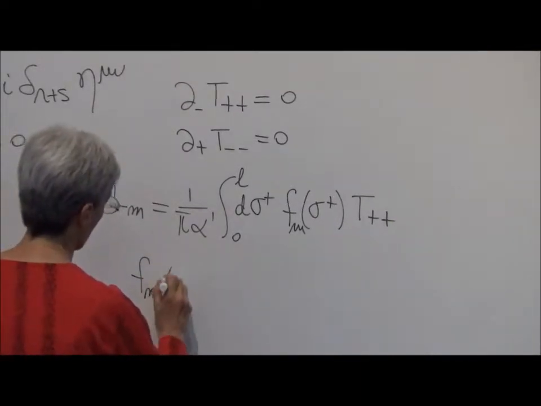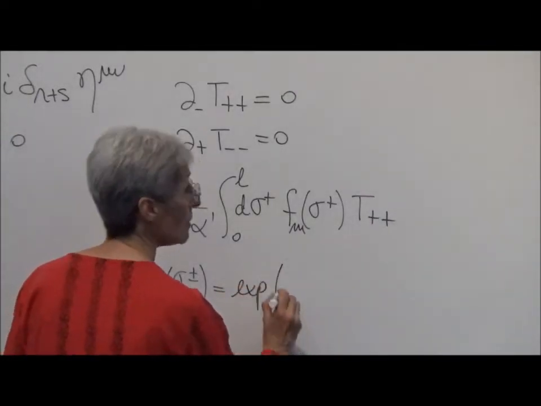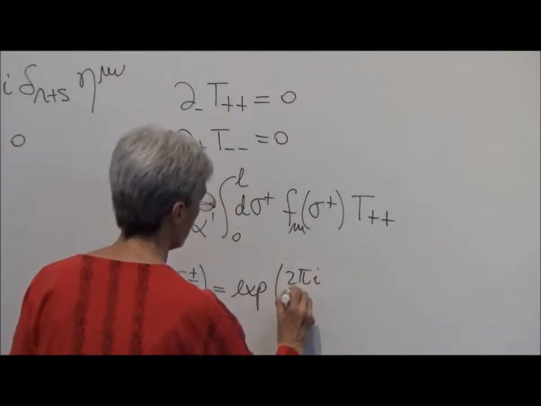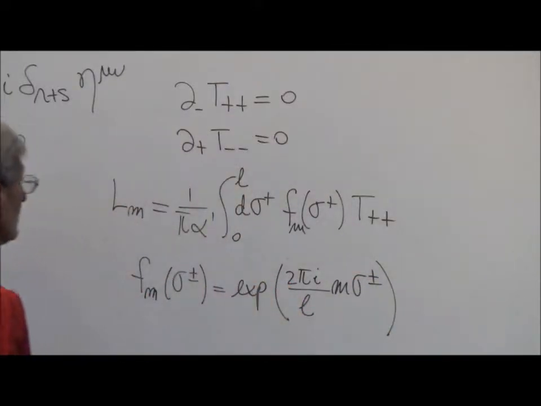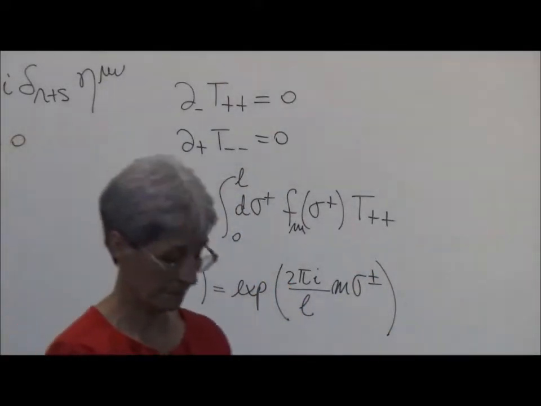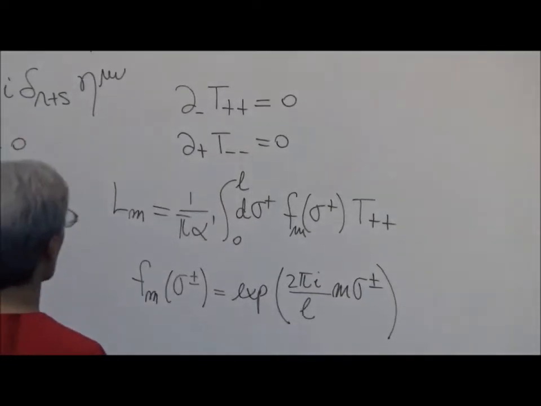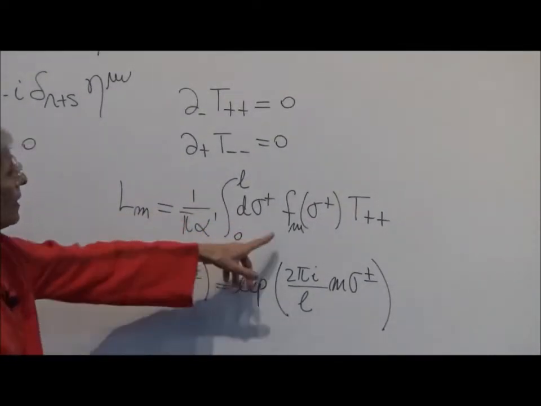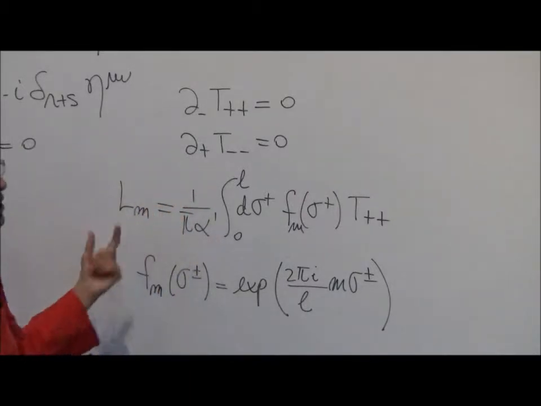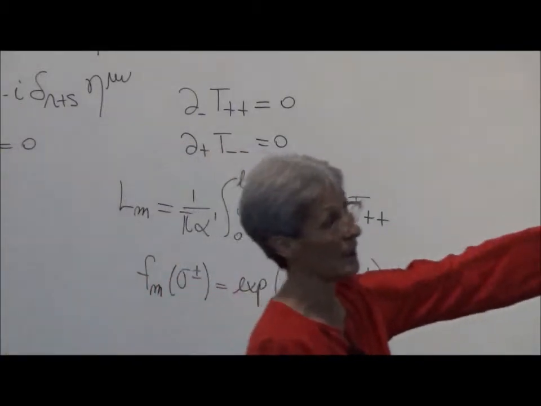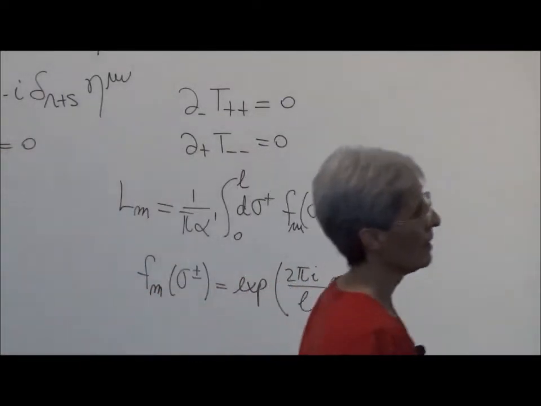So I can write for this function a complete set, for instance, exponentials for all integers. So I replace this function here, and I find the so-called Virasoro generators. These are the modes of the energy momentum tensor. They are infinite in number. This n can take values from minus infinity to infinity. And, okay, they're written there.